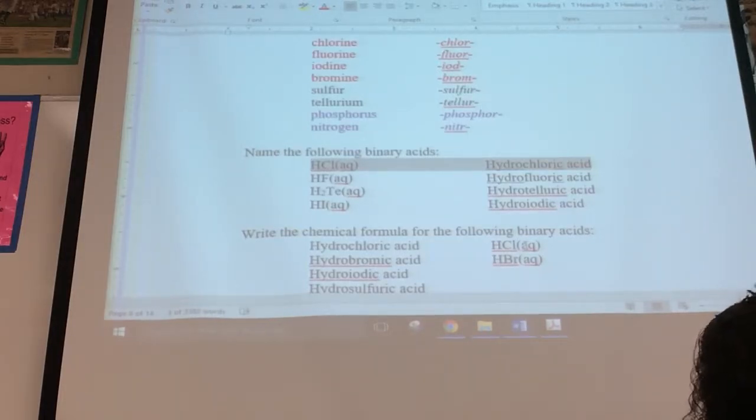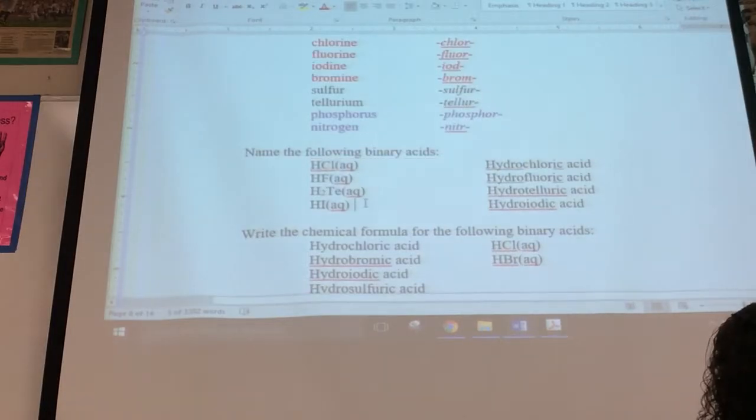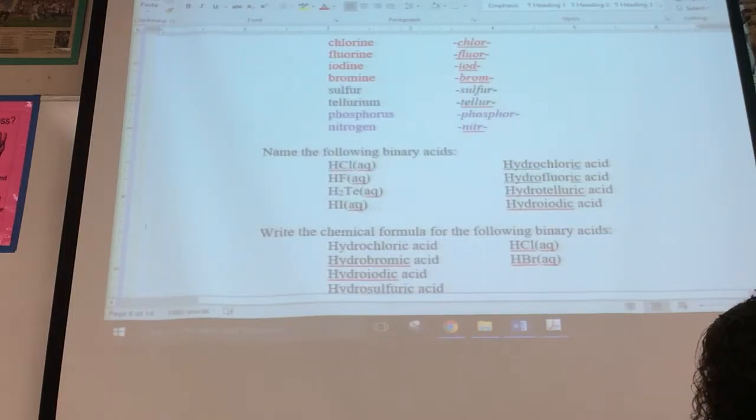The other thing you're seeing with the acids is you're seeing AQ for aqueous. When you've got these acids, they're aqueous, that is dissolved in water. Because, for example, if you had gas here instead, then you wouldn't name it as an acid. You'd name it the way you learned previously, hydrogen iodide gas.